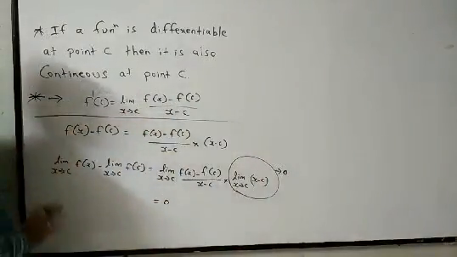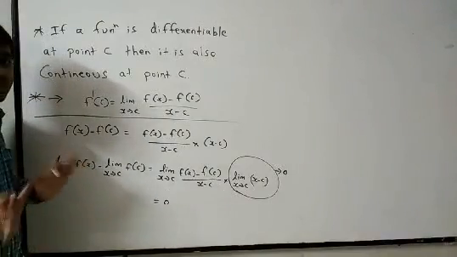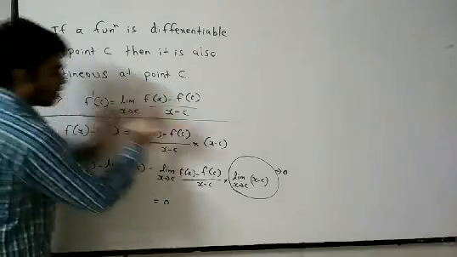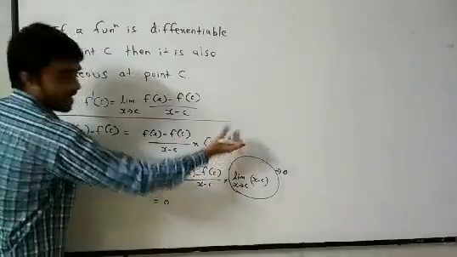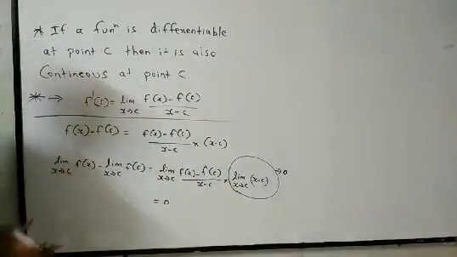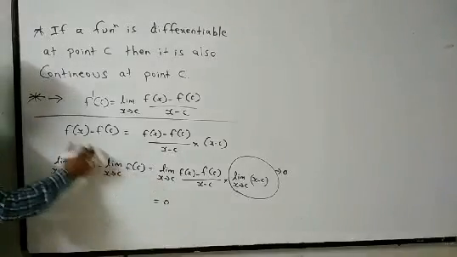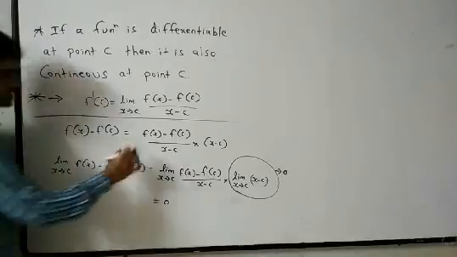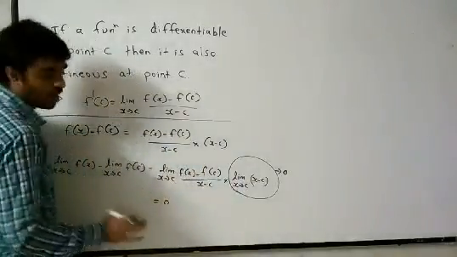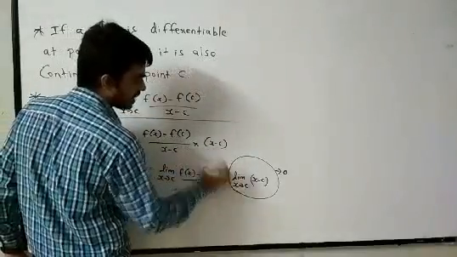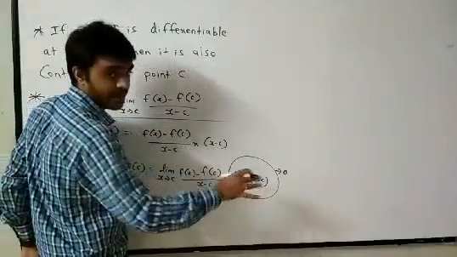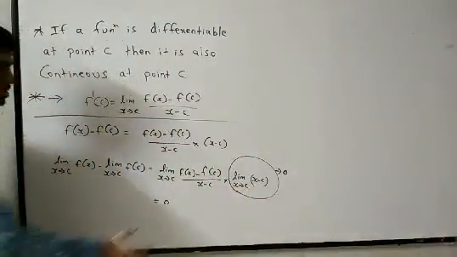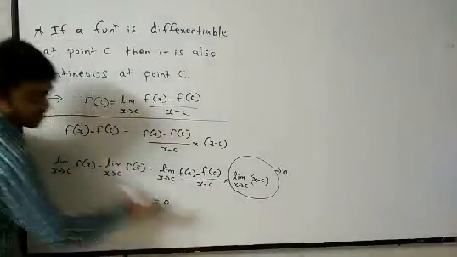Clear? Nothing much I have done. I have taken f of x minus f of c, then multiplied it with x minus c and divided with x minus c, then applied limit on both the sides. So limit x tends to c f of x, limit x tends to c f of c. Now if we apply limit to this, then x minus c will be 0 because x tends to c, and 0 multiplied with anything, our answer is 0 only.